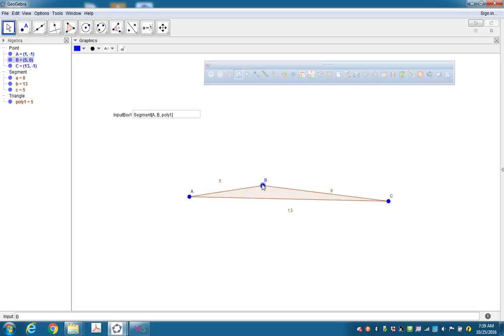Could it be equal to AC? What happens if I make it equal to AC? Do I have a triangle anymore? No. So what has to be true about the sum of AB plus BC? It's always got to be bigger than AC.